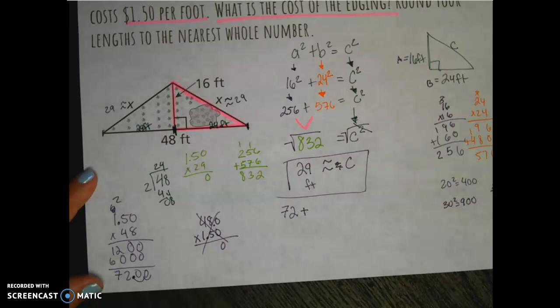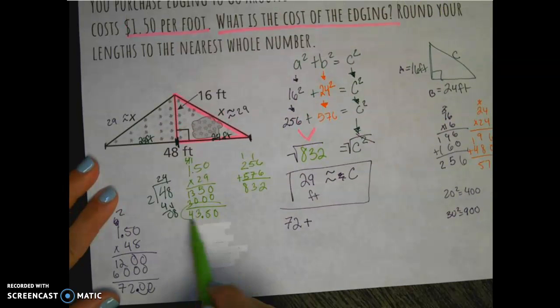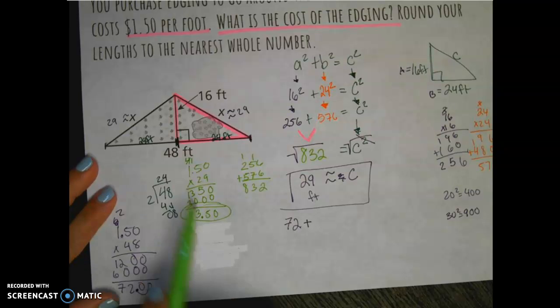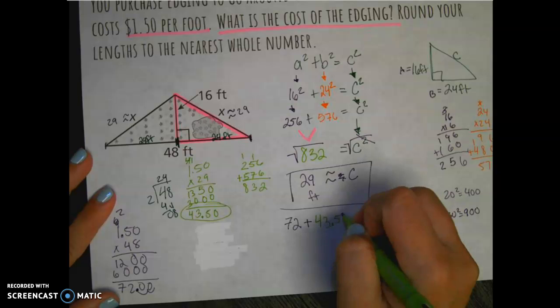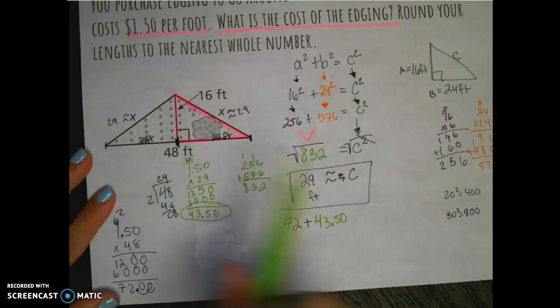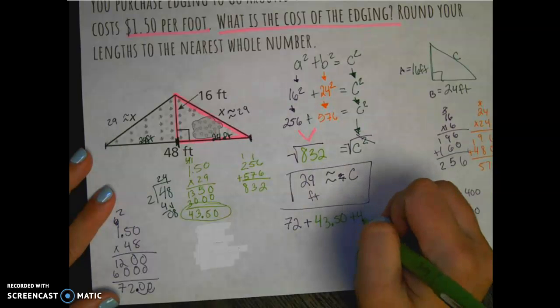Figure out what that one is. You should have got $43.50. So that's for one of my sides. So I'm going to do plus 43.50. And since these sides are the same, I'm going to add another 43.50.